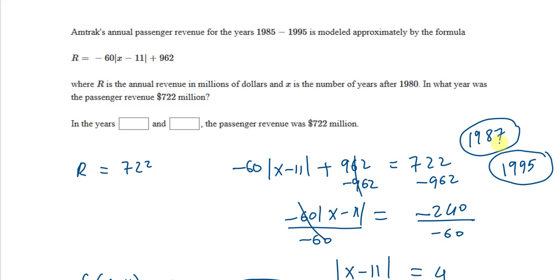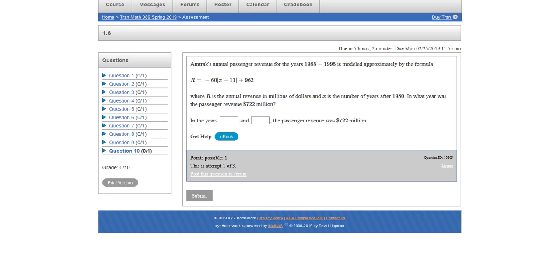And yes, 1987 and 1995 are the years in this range, which is the domain of the model for this formula. So 1987 and 1995 are the 2 years when the passenger revenues were $722 million.